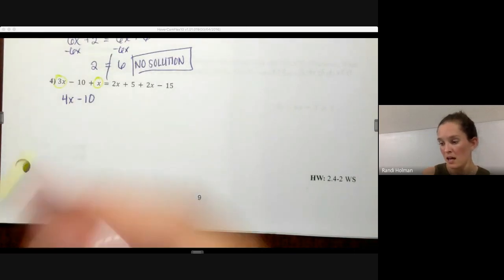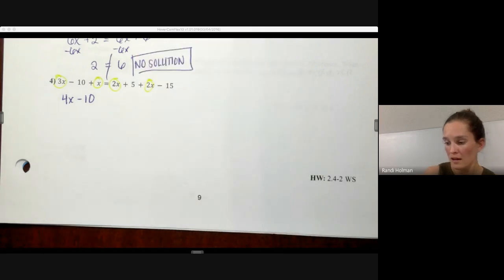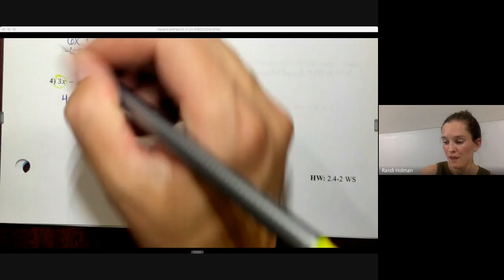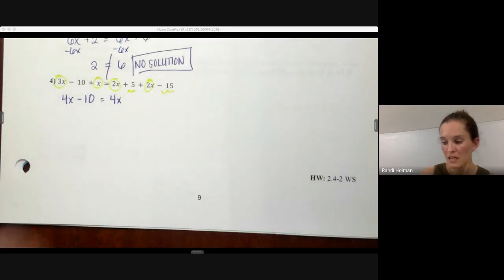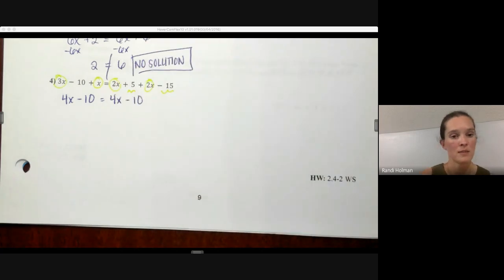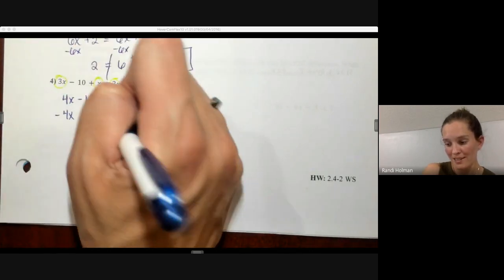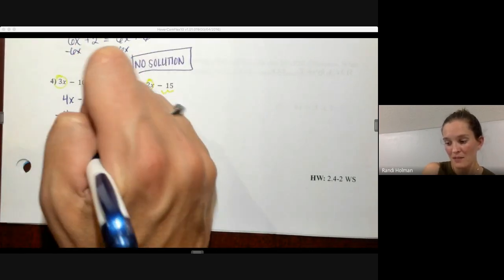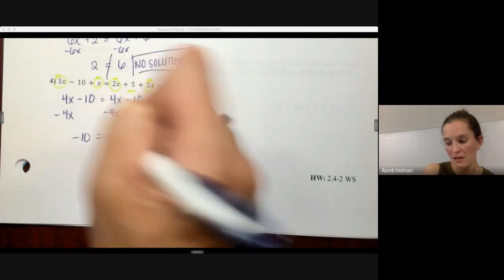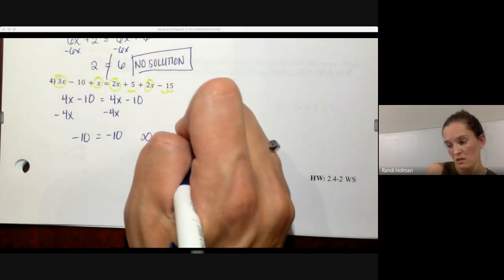Other side: 2x plus 2x is 4x. 5 plus 15 is 20. Oh, 4x minus 10 equals 4x minus 10. Well, yes, it does. Okay, but if you're still not sure, 4x minus 4x, negative 10 equals negative 10. Yes, always. Infinitely many solutions.